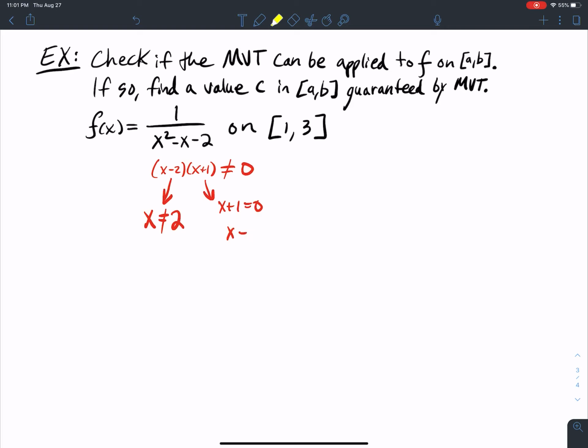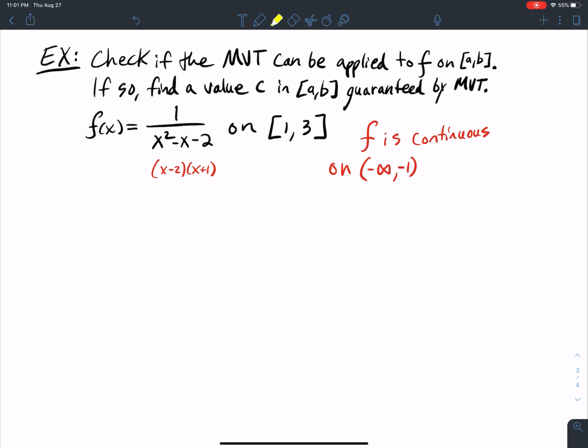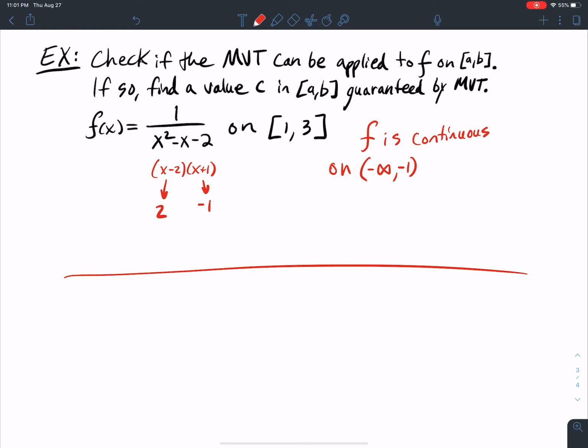If I plug those in, it blows up, so f is not continuous at those values. Thinking of it as a number line, negative 1 was bad and 2 was bad, so I have to jump over negative 1 and jump over 2. Everything up to negative 1 is okay, everything between negative 1 and 2 is okay, and everything from 2 to infinity is okay.